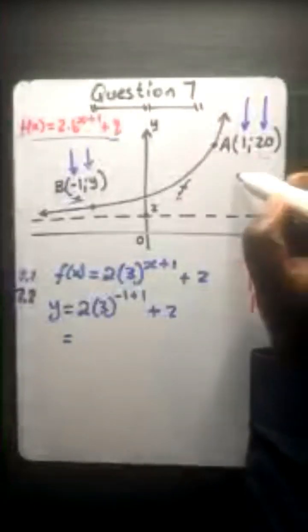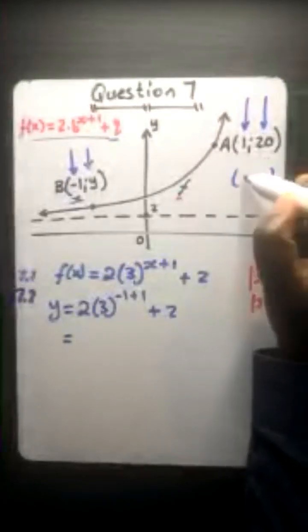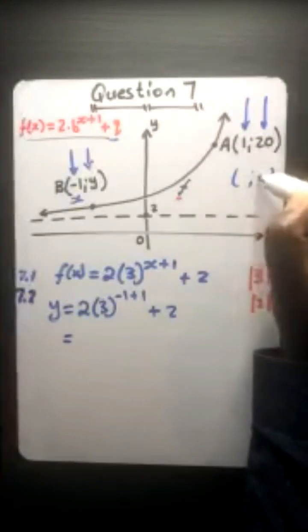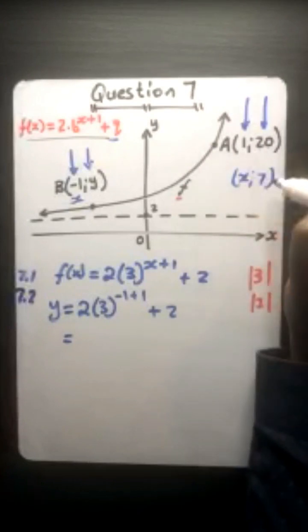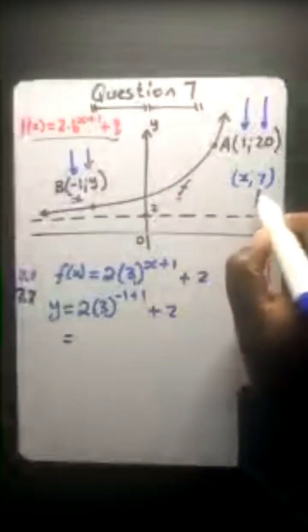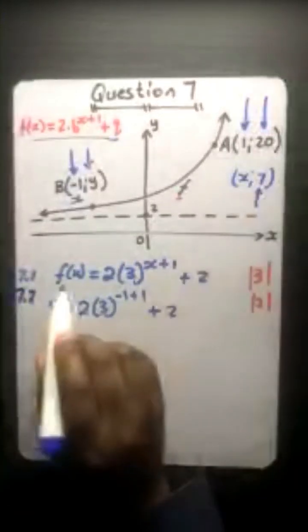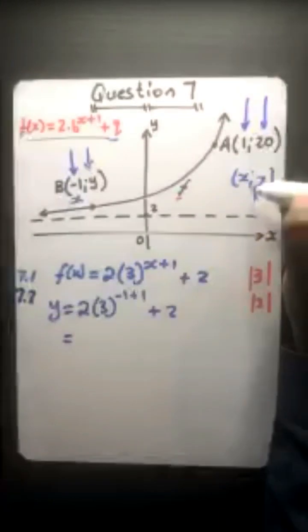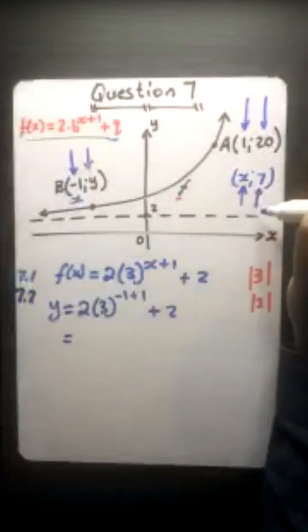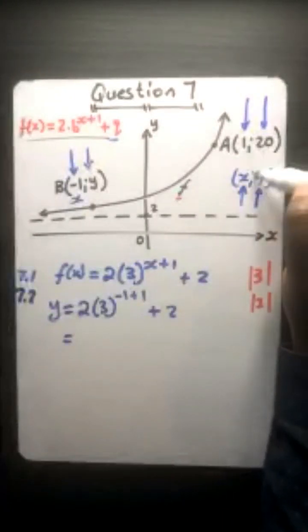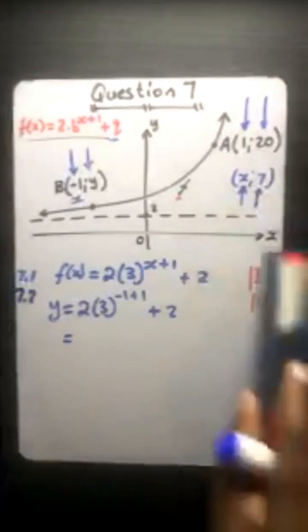Similarly, if you were given a point that has a known y value, as an example, let's say 7, and they ask for x, then using this value in that equation to calculate x will give the corresponding x value at the point where y is 7.